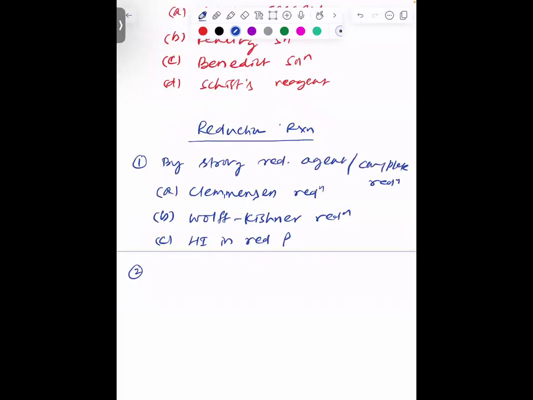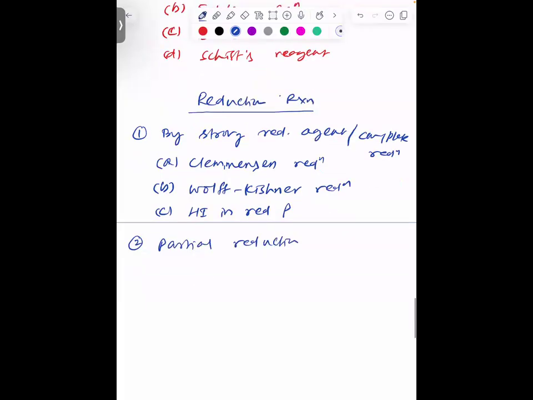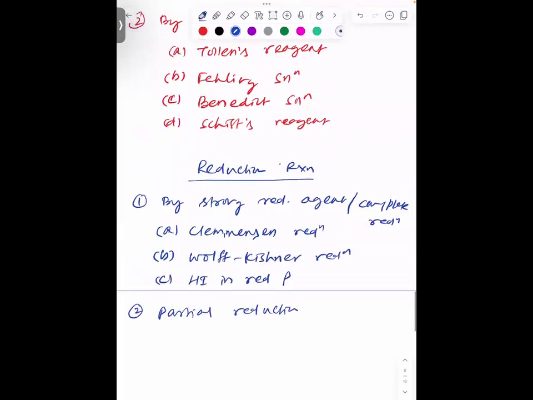Then by mild reducing agent, or partial reduction. Complete we will write first, then partial reduction. First is complete reduction, second is partial reduction.